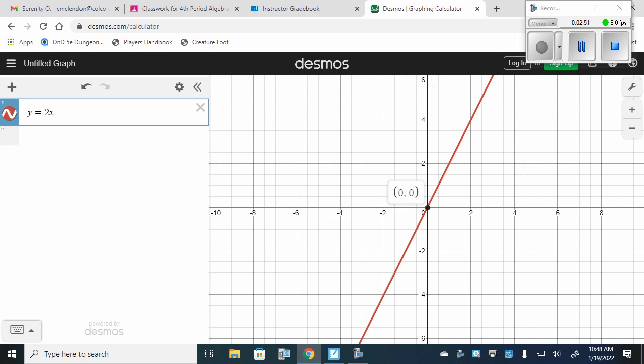And as we look at it, as we go to the left and x is increasing, the value of y is increasing. As we go down, as the value of x is decreasing, the value of y is decreasing. They're going in the same direction. And this would be considered a direct variation.